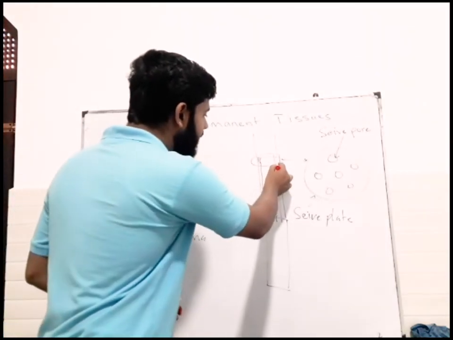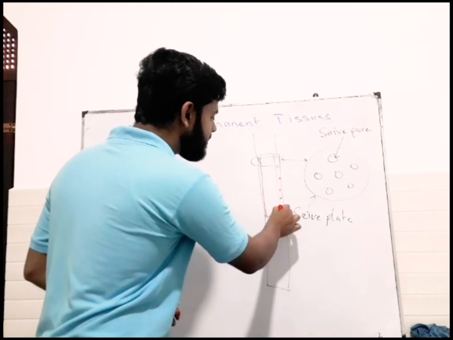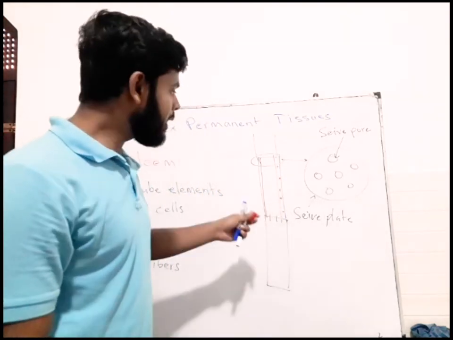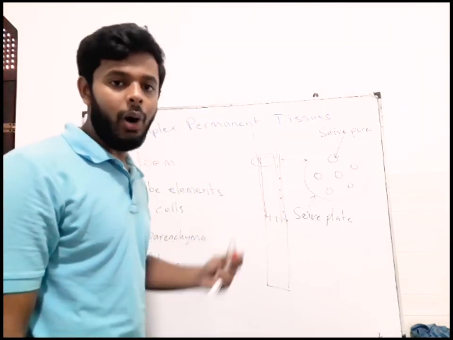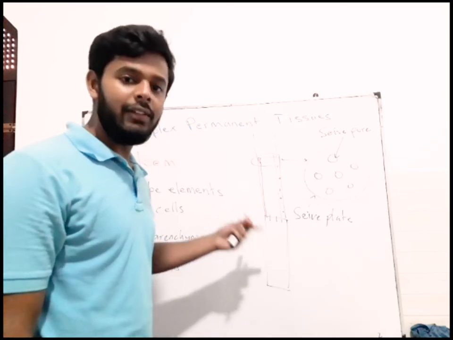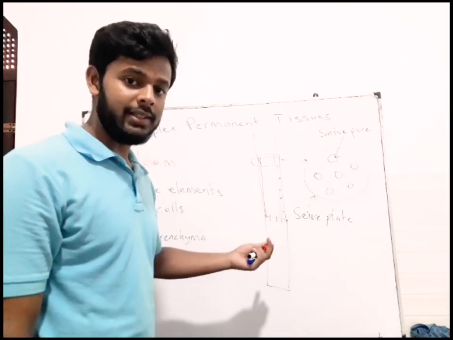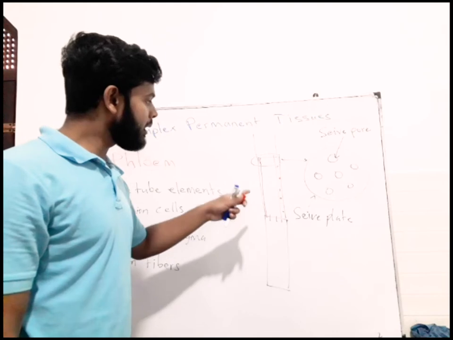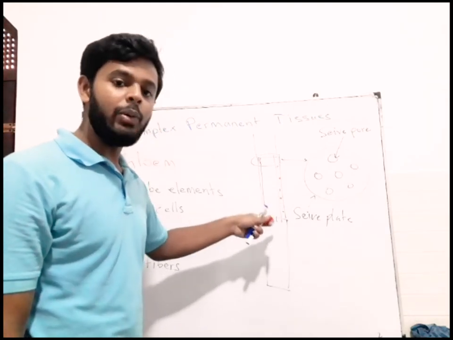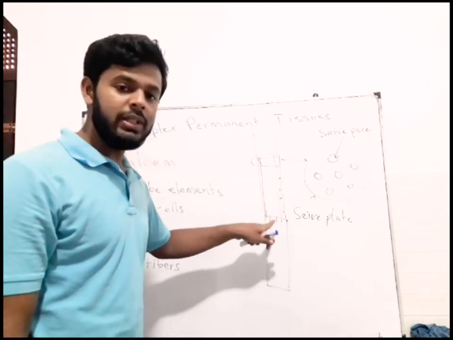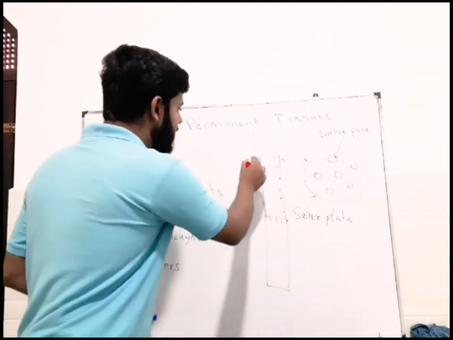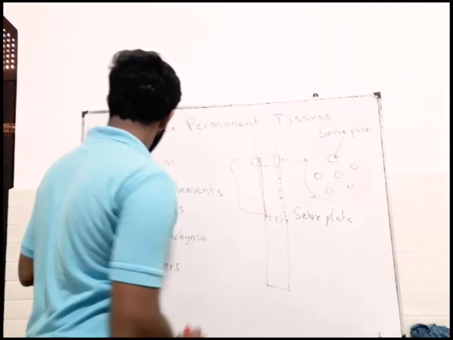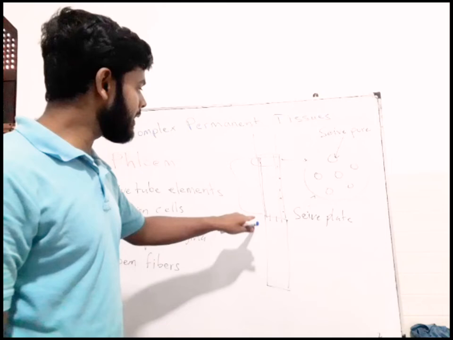Since the cytoplasm is constricted to the margin, it does not contain all necessary organelles. But this is a living tissue which lacks a nucleus. So, always to control the activities of these sieve tube elements, whenever a sieve tube cell is present, a companion cell will be present along with it.